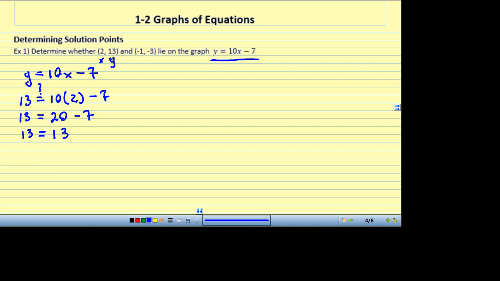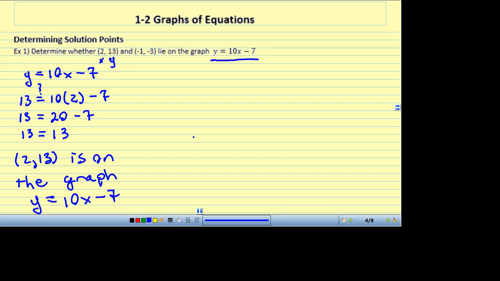It is equal to 13. I've cleansed the demon. Praise the Lord. So, yeah, that means that the point (2, 13) is on the graph of y equals 10x minus 7.